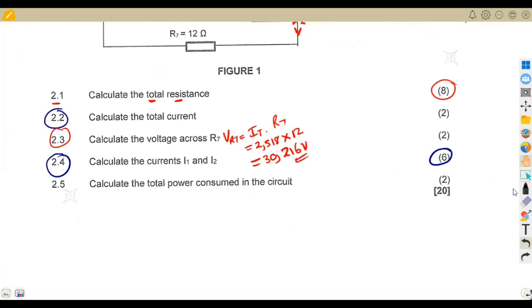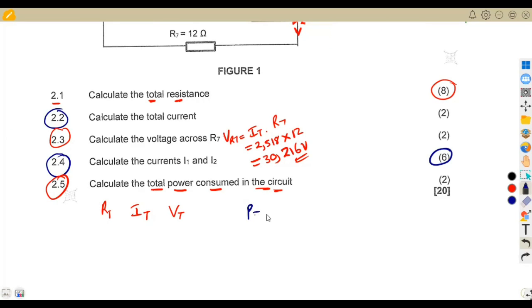All right, then on the last part we are asked to calculate the total power consumed in the circuit. So this circuit is consuming power. The total power must come from the total resistance, the total current, or the total voltage, depending on which part you want to use. But we have everything here. So I'm just going to list the formulas, but you can calculate and check if your answers are in the same direction.